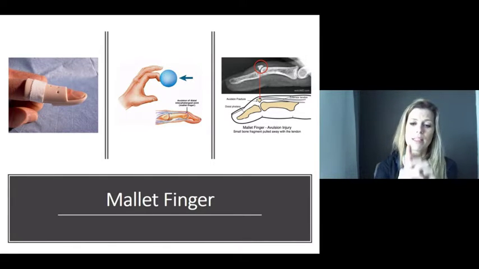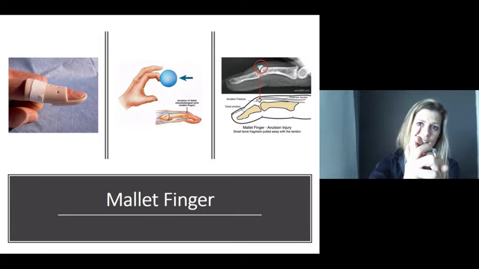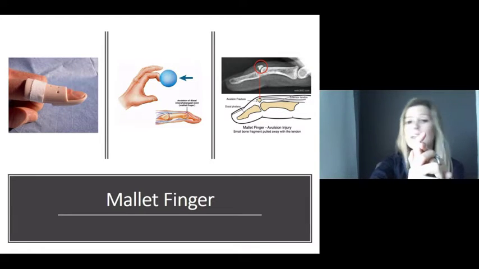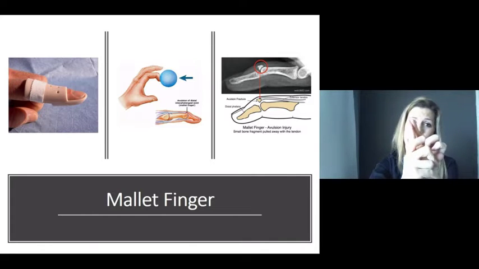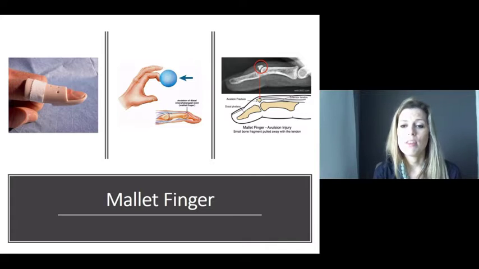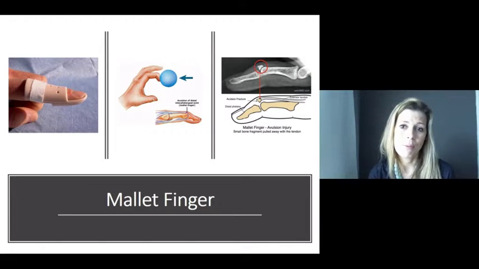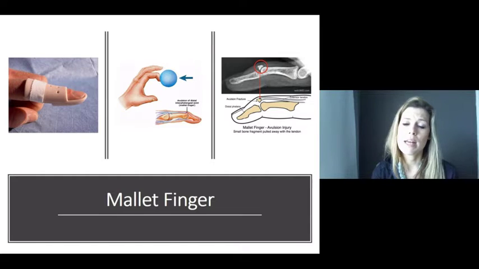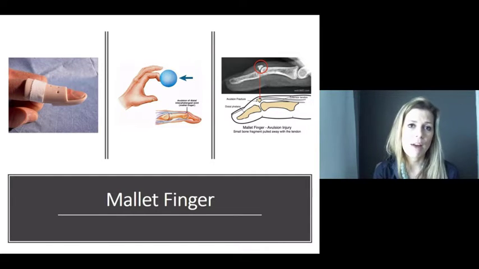And when that happens, people present with a flexed DIP and they cannot extend it. Typically, the therapist can extend it, but if pressure is taken away, it falls into flexion. And on the image on the right, you can see that sometimes the bone is actually avulsed away. So you can have a bony mallet where the bone is avulsed, or you can have just a regular mallet where there's no fracture, but the terminal tendon has just torn away.